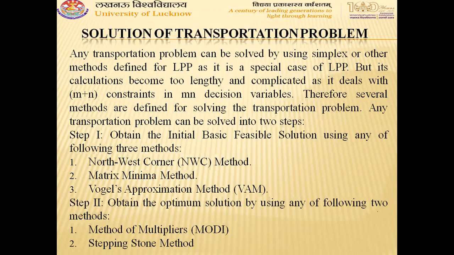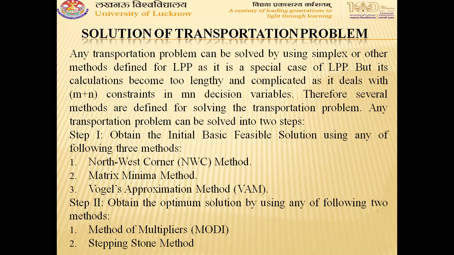In step 1, we obtain the initial basic feasible solution for the transportation problem by using any of the defined methods, among which the main ones are the northwest corner method, which is also called the NWC method. Second is the least cost method, which is also called the matrix minima method. And third is Vogel's approximation method, which is also called VAM.